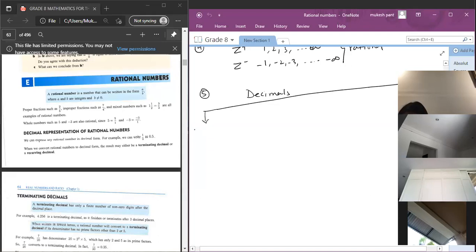One is terminating. Second is repeating, or recurring; the meaning is the same. Then non-terminating, and non-recurring, or non-repeating.